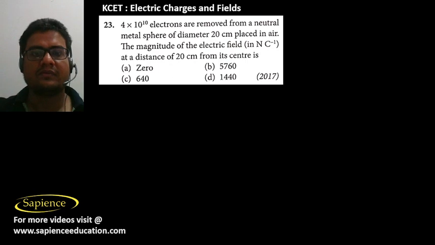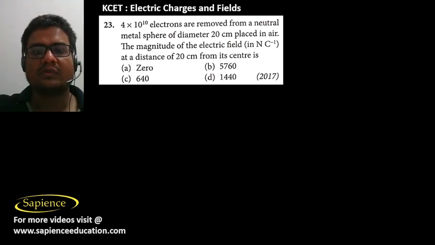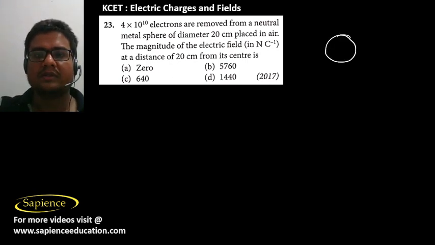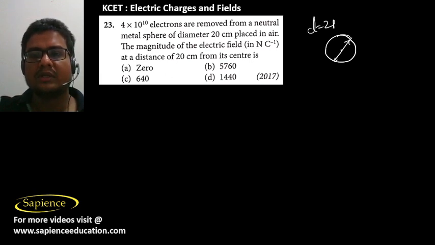It is told that 4 into 10 power 10 electrons are removed from a metal sphere of diameter 2 centimeter. What is the magnitude of the electric field at a distance of 20 centimeter outside the sphere?